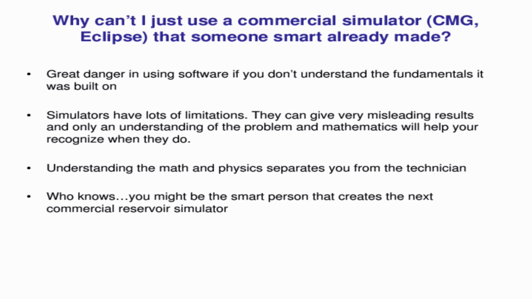So, the hardest part of this process is making the correct assumptions, taking the real problem and developing a mathematical model. And when you have a simulator, someone else has done that for you. And you need to know a little bit about what's in there so that you can decide for yourself, is this reasonable? I mean, are these assumptions reasonable for the problem I'm about to solve? And so that's a good reason to know what's in there.